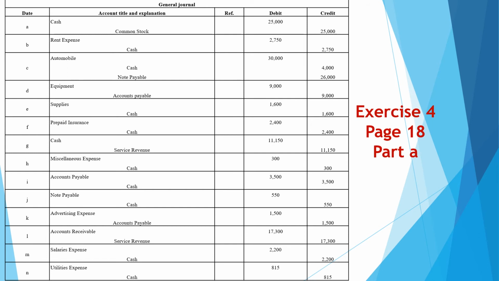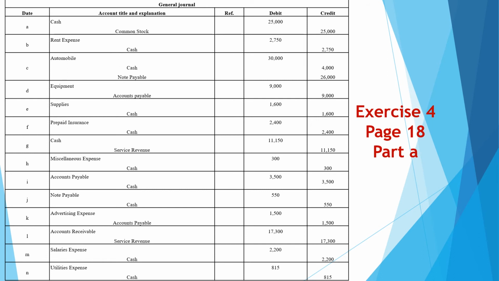So when we purchase an automobile, the automobile will increase and will be recorded in debit since it has a debit normal balance. For cash, we are paying $4,000 cash, so the cash will decrease by 4,000. And since cash has a debit normal balance, when it decreases, it will be recorded in credit. So we have cash and credit for 4,000 as well.